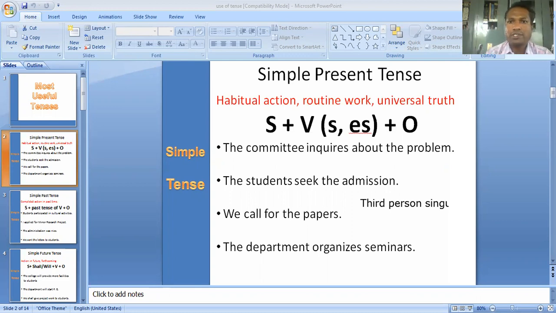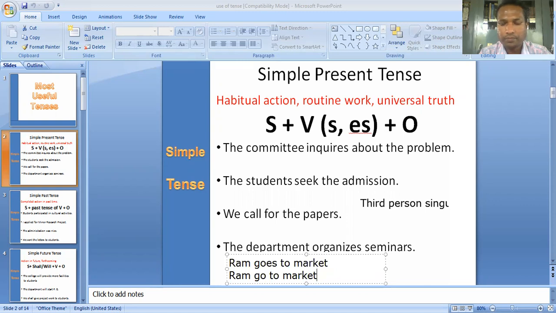Now I'll give you an example. Come on. I'll give you an example. You have to identify whether this sentence is wrong or right. I write here. Which is the right sentence? Ram go to market.